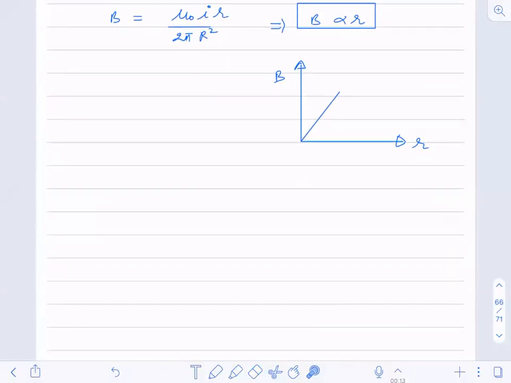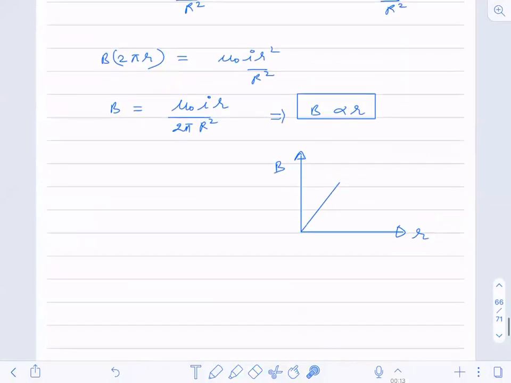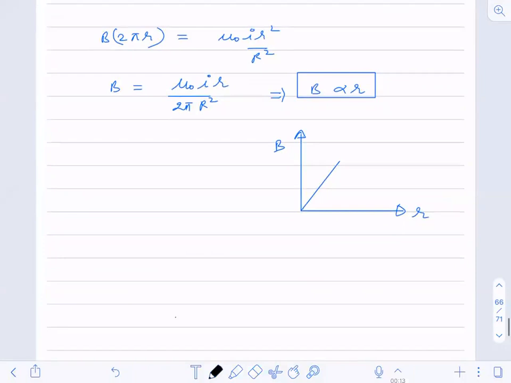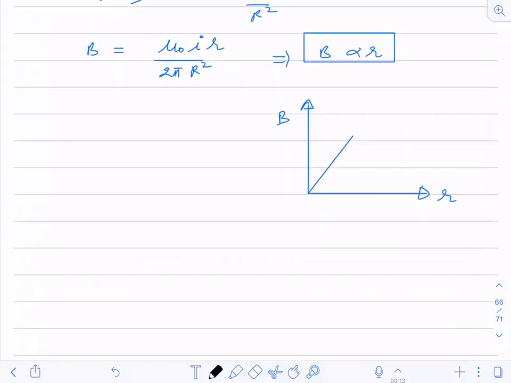Okay, so I'm continuing from this point. We are going to start from the second case, where the point lies on the conductor itself.